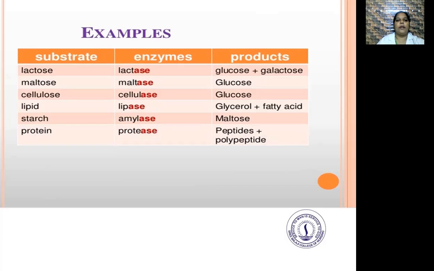Substrate, lipid. Enzyme, lipase, and product, glycerol plus fatty acid. Substrate, starch. Enzyme, amylase, and product, maltose. Substrate, protein. Enzyme, protease, and product, peptides plus polypeptides.